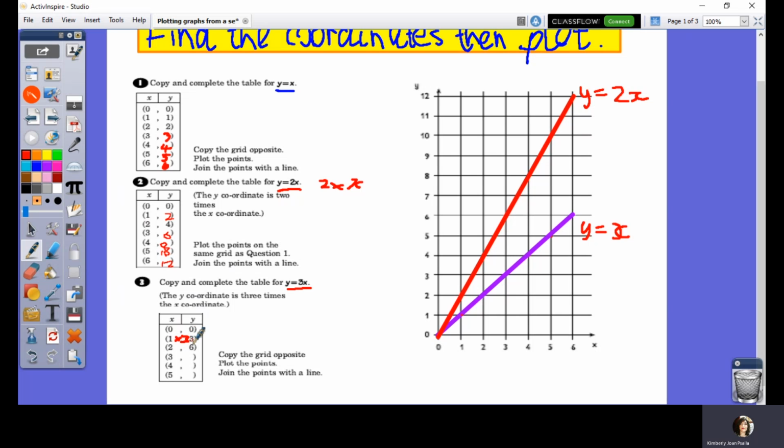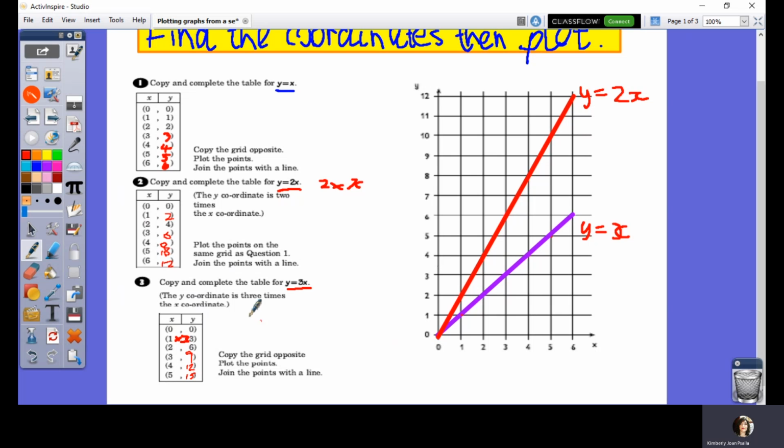So 1 times 3 gives us 3, 2 times 3 gives us 6. Every time you have to triple the x value. 3 times 3 gives us 9, 4 times 3 gives us 12, 5 times 3 gives us 15. And there you have your coordinates.